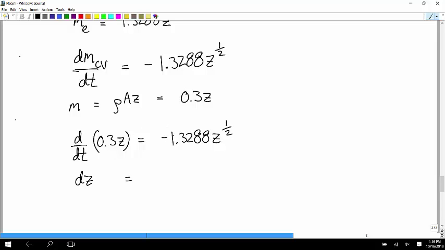What's negative 1.3288 divided by 0.3? It should be bigger than this. 4 point what? 4.4295. Okay. I just write numbers till I get tired of writing.